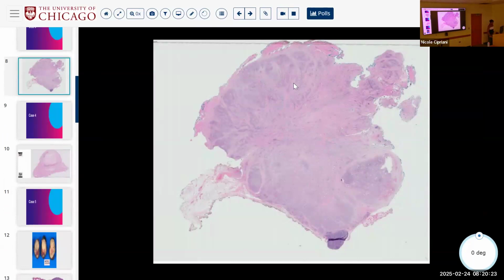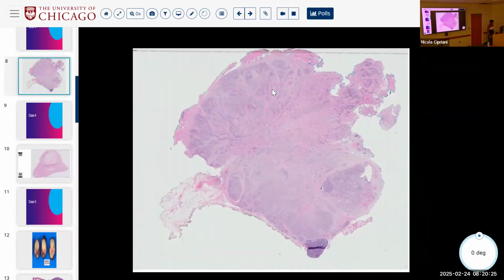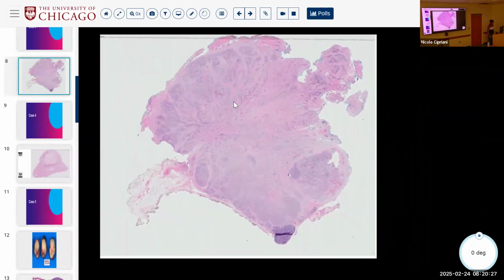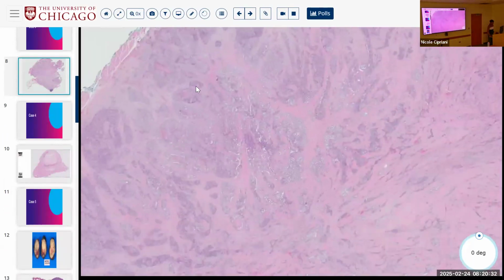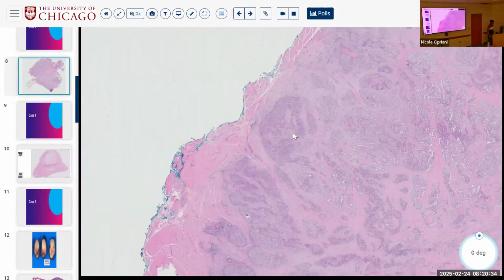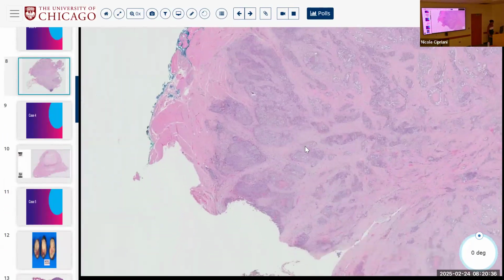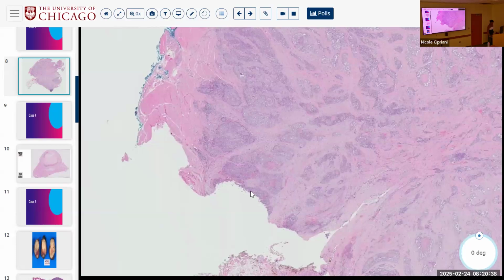So on low power, there is a process, plasmaplasia. Good. Capsule.